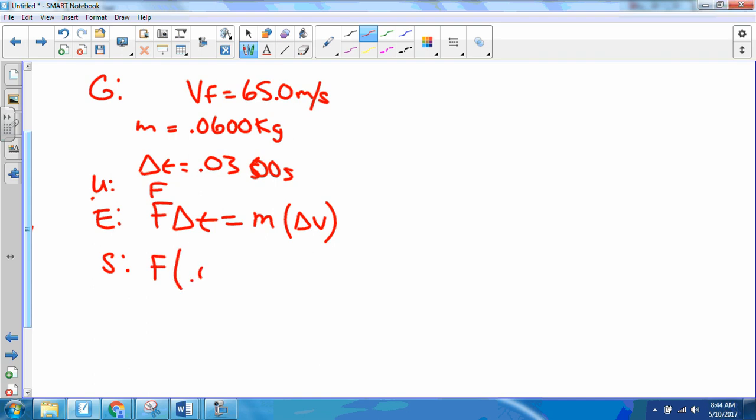It's 0.0300. m, I do know. It's 0.0600. And delta v is v final minus v initial. So v final is 65, v initial is 0, so 65 minus 0. Y'all can plug it in and solve for force that way.